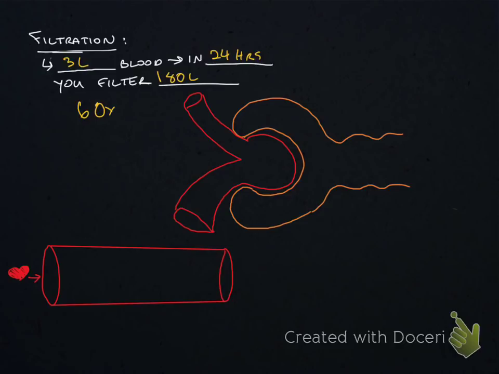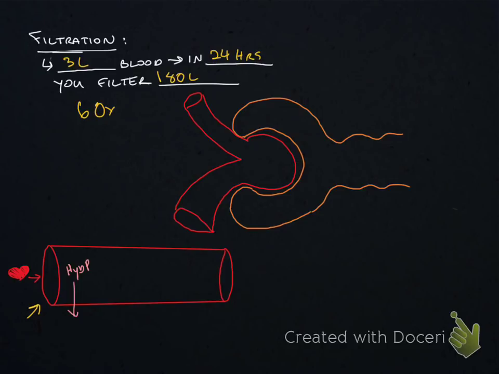So let's talk about some pressure dynamics here. I have here first a capillary, and let's review some capillary exchange. We know about hydrostatic pressure that pushes fluid out of the capillary.